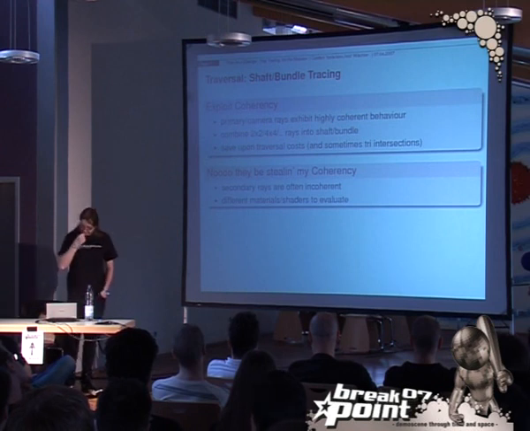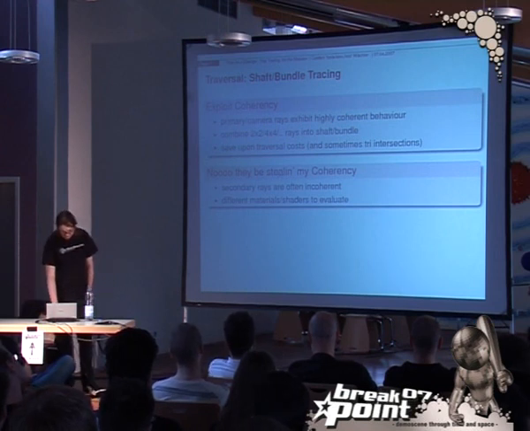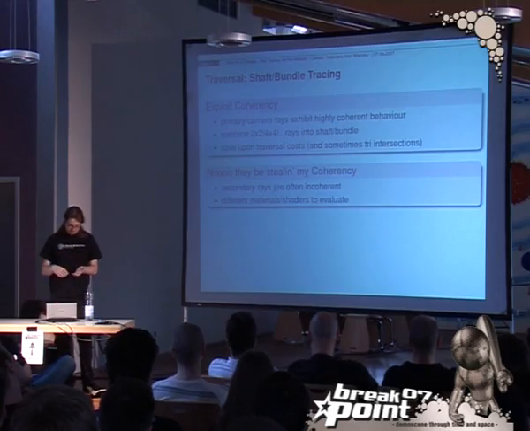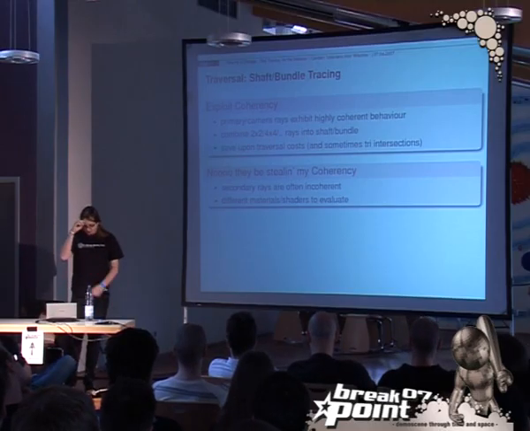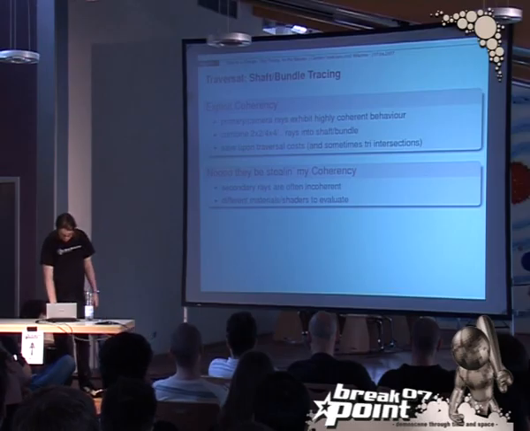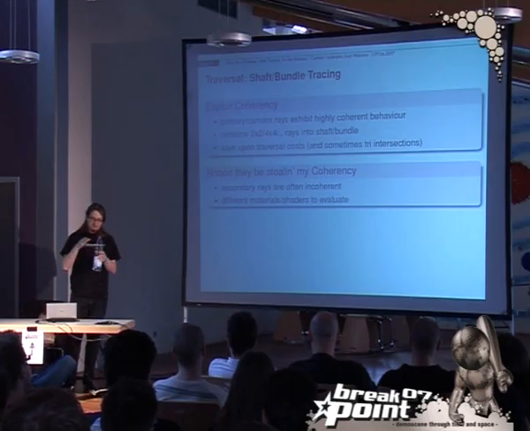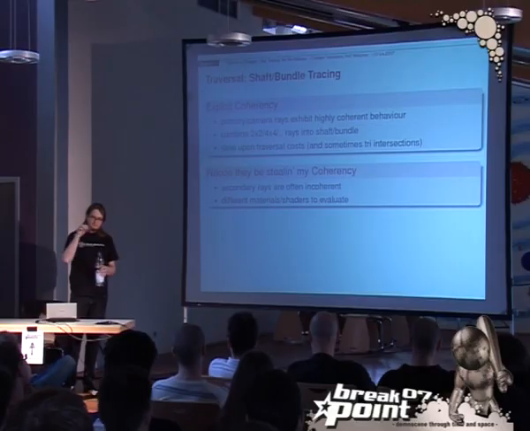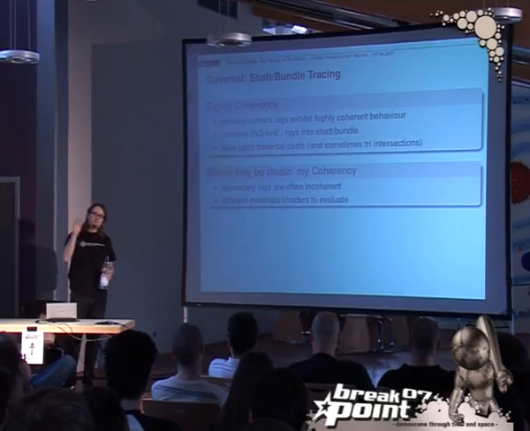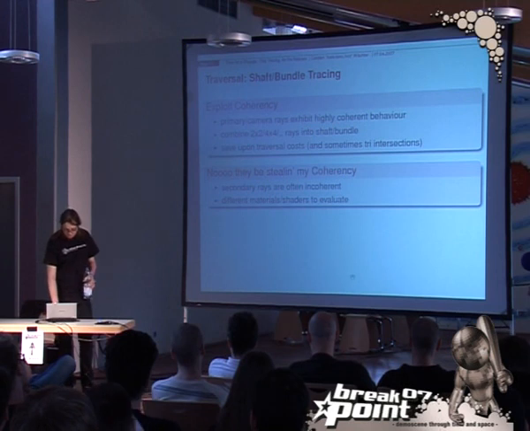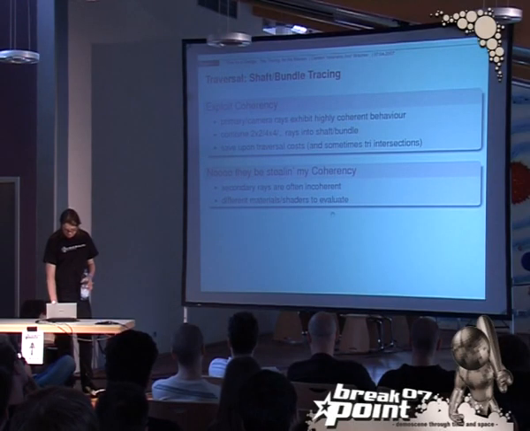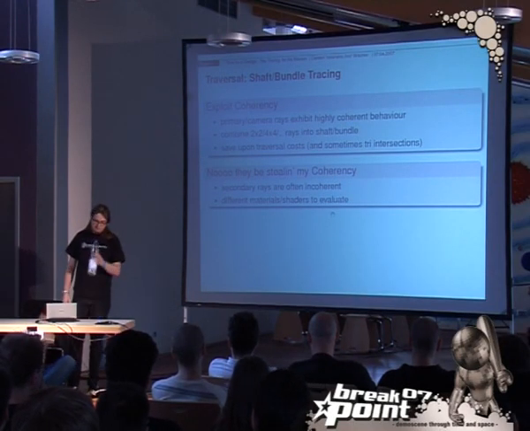The bad thing is, for secondary rays, so reflection, shadows, refractions, sorry, the thing gets incoherent again. Because if you think of a sphere and neighboring intersections, and the sphere is glossy, the rays will go in different directions, and all your coherency for the secondary rays is gone. Then there are also different materials and shaders you must evaluate.